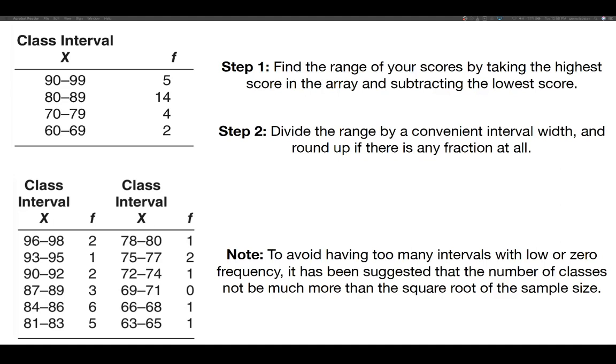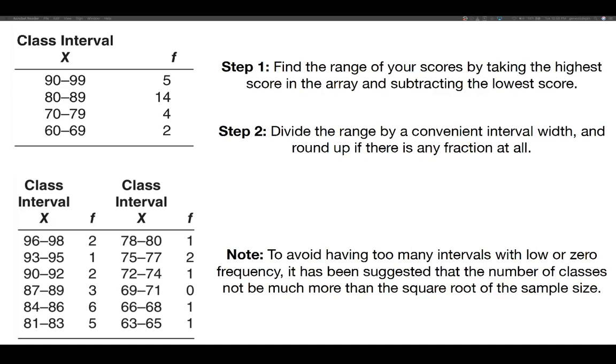Then we divide the range by a convenient class width, just like what we did previously, and round up if there is any fraction to find the number of intervals that would result. If the number of intervals is between 10 and 20, the width is probably reasonable. Otherwise, you can try another convenient value for the interval width. However, you may want to use fewer intervals if there are fewer than 100 scores in your distribution.